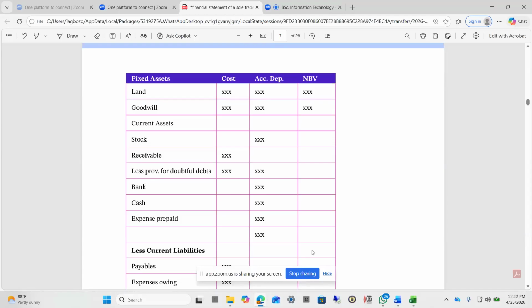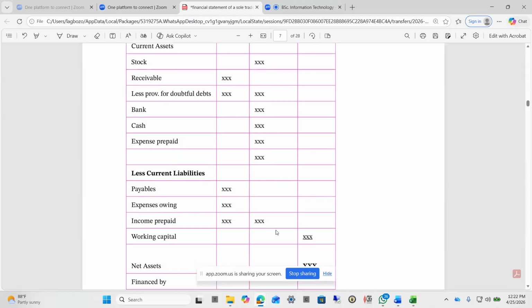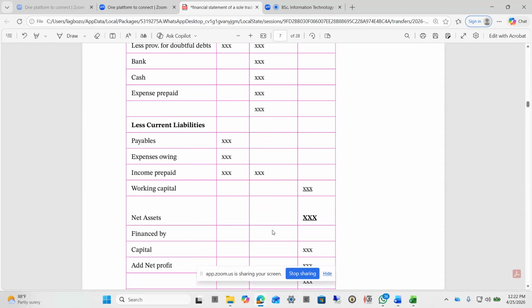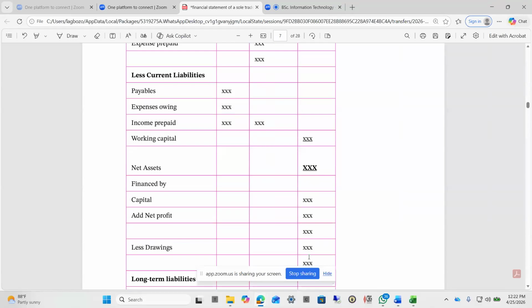Is that okay? Then you come to your current liability. The total will end somewhere. If you have a long-term liability, then the total will end. Then if you add the two, long and short, you get total liability. When you subtract your total liability from your total assets, you will get net assets.